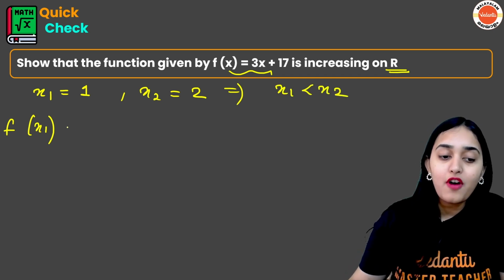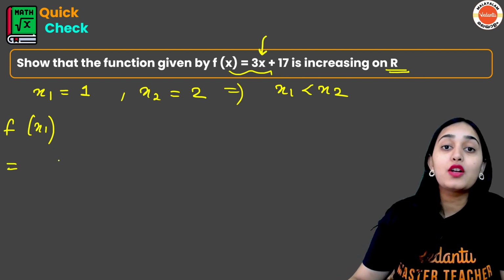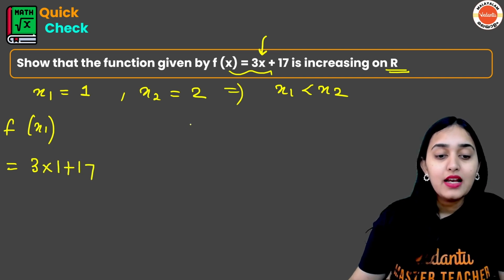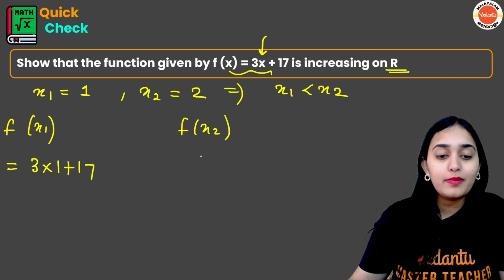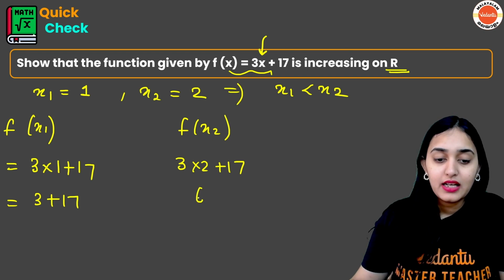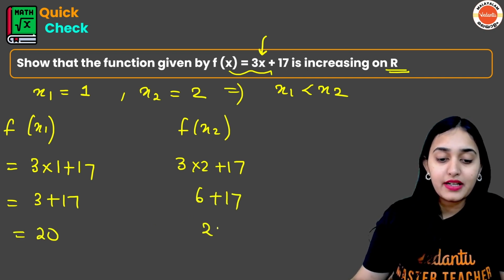Now, what is f of x1? f of x1 will be, put x is equal to 1. So, 3 into 1 plus 17. Similarly, f of x2 will be 3 into 2 plus 17. So, 3 plus 17 is 20, 6 plus 17 is 23.